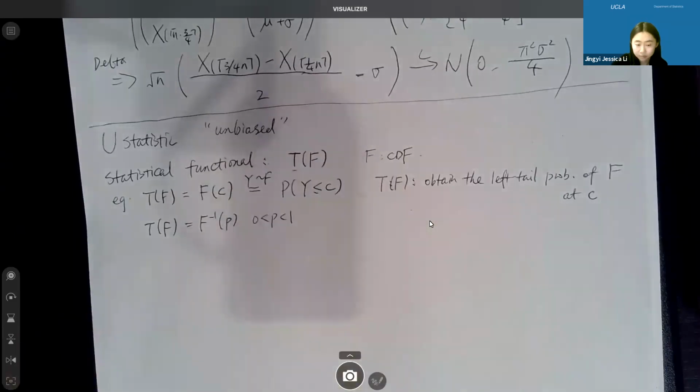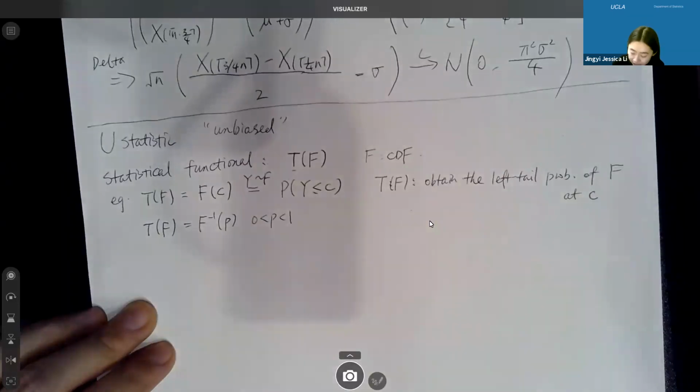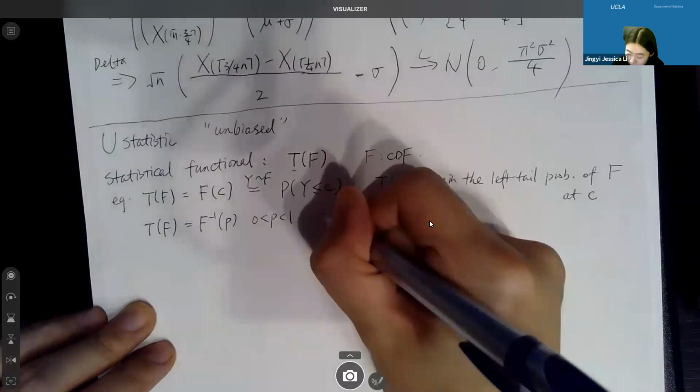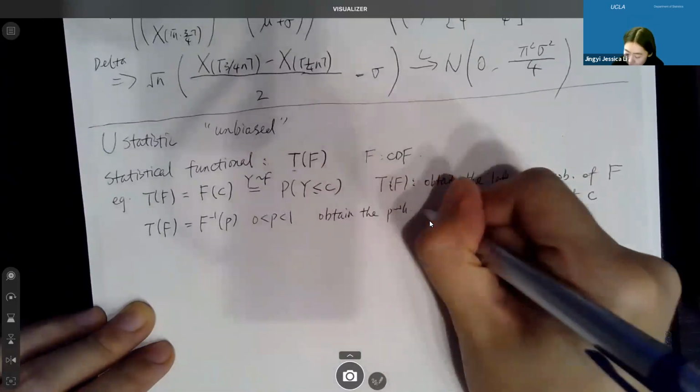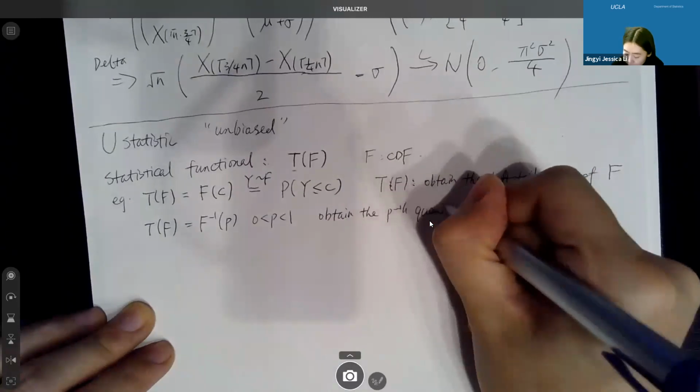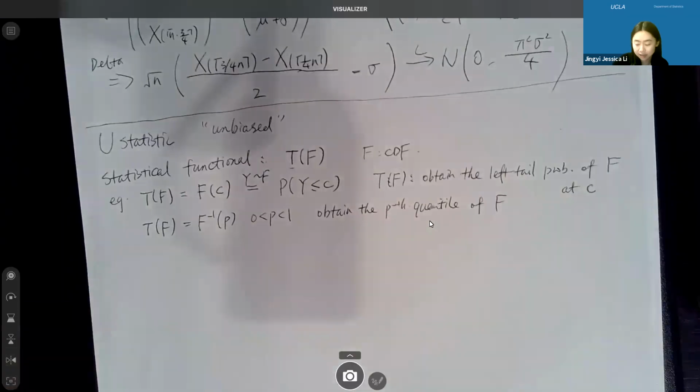Then T(F) obtains the p-th population quantile of the CDF. Still, it gives us an output, some property of this distribution F.